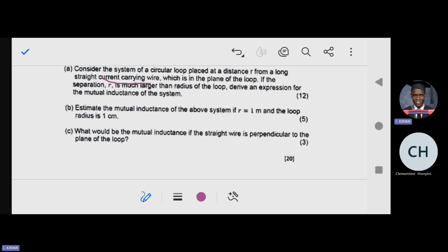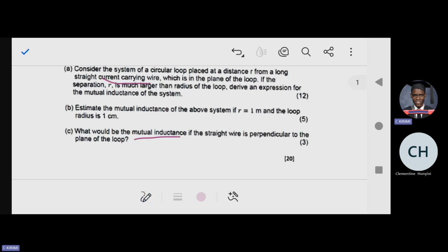If the separation r is much larger than the radius of the loop, derive an expression for the mutual inductance of the system. Then the next question was to estimate the mutual inductance of the above system if r is 1 meter and the loop radius is 1 centimeter, by just substituting values. What would be the mutual inductance if the straight wire is perpendicular to the plane of the loop?